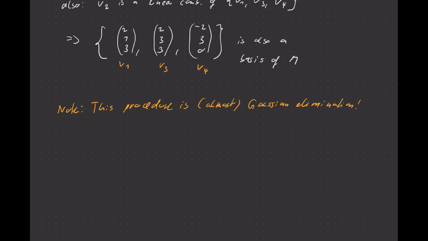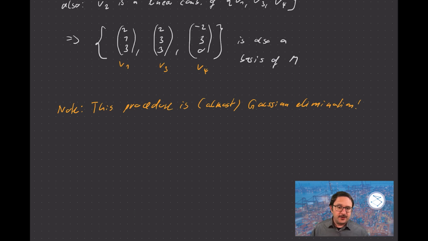But in particular, we could write it as a Gaussian elimination. If we just write the vectors as rows of a tableau, then manipulate those rows using Gaussian elimination operations, elementary operations, we would obtain a valid result.